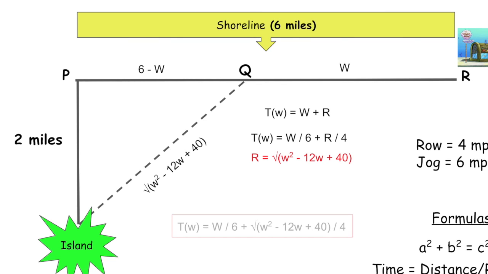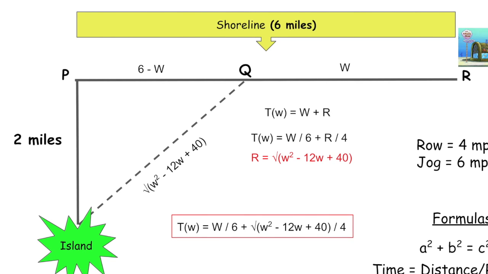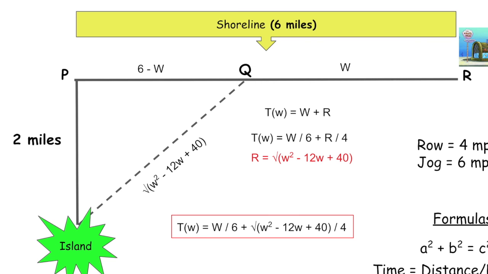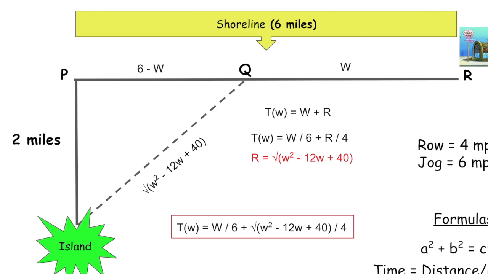So now W plus the substitution of R in terms of W equals the total time. And if we put that into the equation of T of W equals W divided by 6 plus R divided by 4, and if we substitute out the R for the new equation, or what R equals, we'll get T of W equals W divided by 6 plus the square root of W squared minus 12W plus 40 over 4.